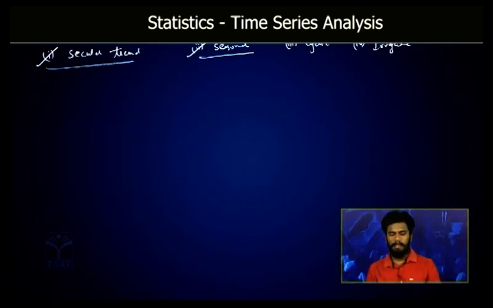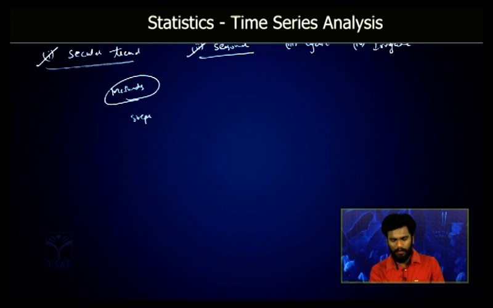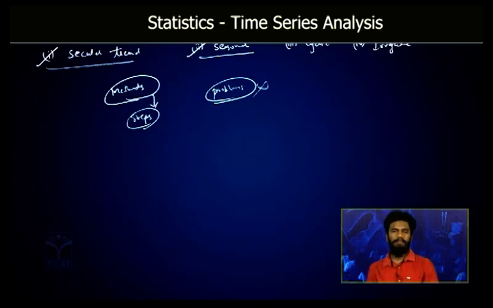We will discuss a few methods for the secular trend and a few methods for calculating the seasonal trend. You can concentrate only on the methods and the steps involved in those methods. Don't worry about mathematical problems. There is no possibility of mathematical problems being asked. You can just concentrate on the methods we are using and the steps involved.